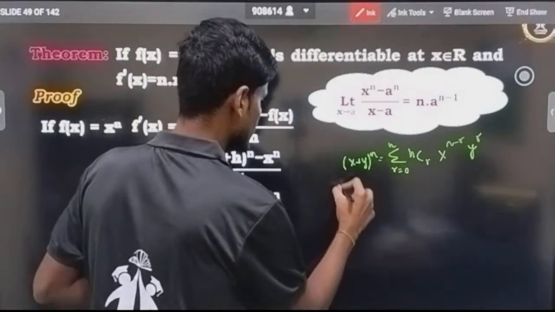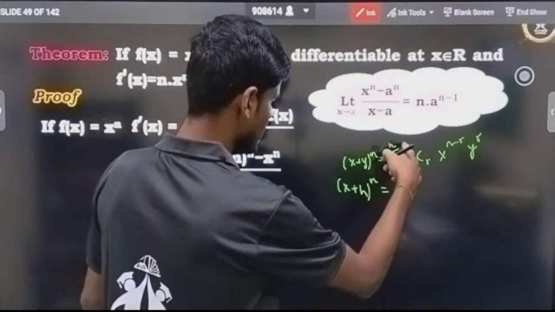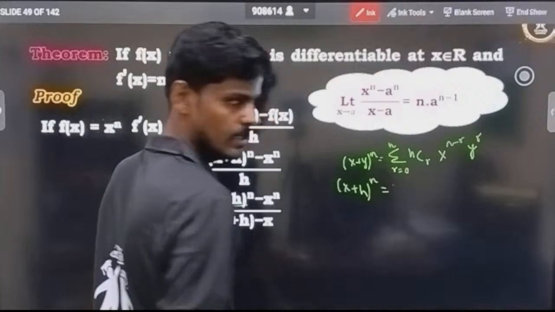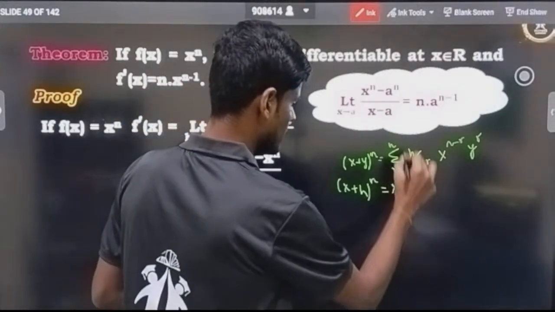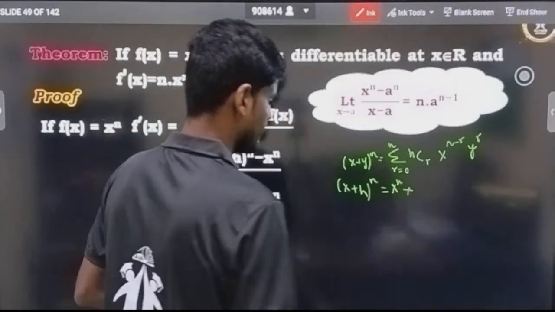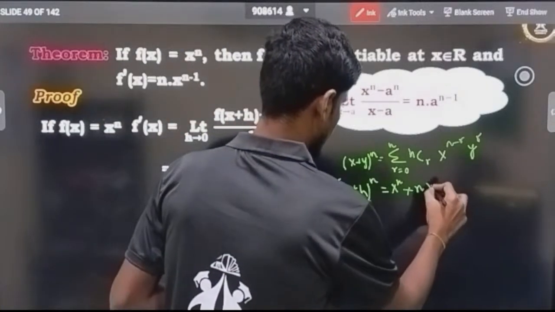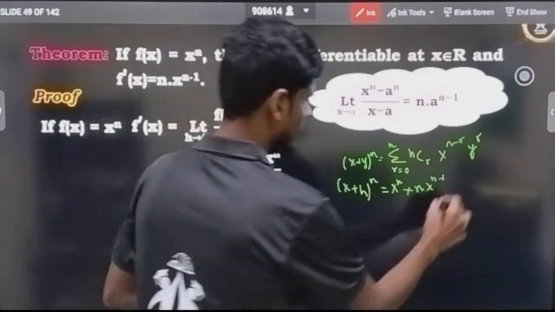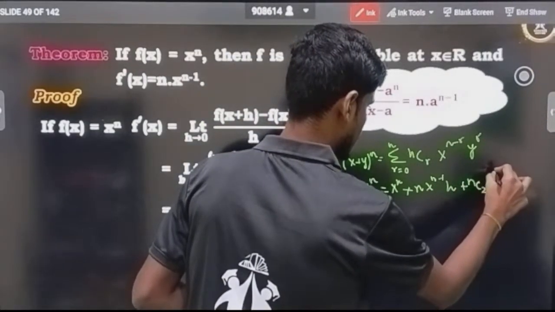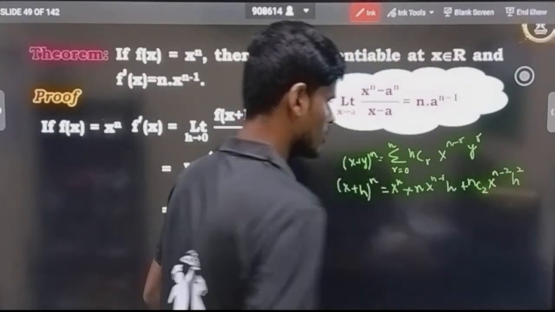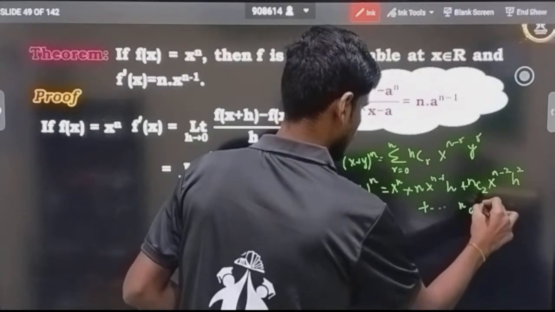So x plus h whole power n is given by nC0, that is 1, x power n minus 0, h power 0. The next term is plus nC1, that is n, x power n minus 1, h power 1. Next nC2, x power n minus 2, h power 2, plus the remaining terms.